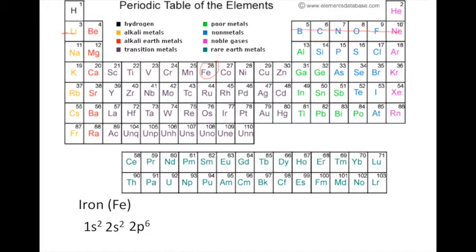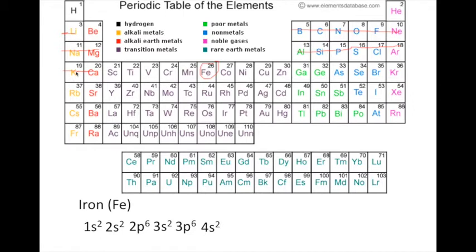After the 2p, we're going to drop down and start filling the 3s orbital. So we have 3s2. Then we go across to 3p, and we can fit 6 electrons in our p orbitals, so 3p6. After 3p6, we don't go to 3d, we drop down and fill the 4s, so 4s2.